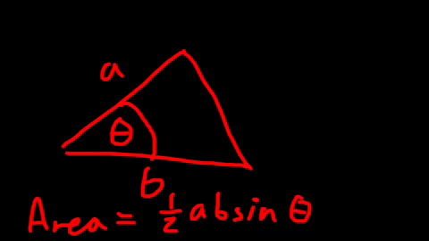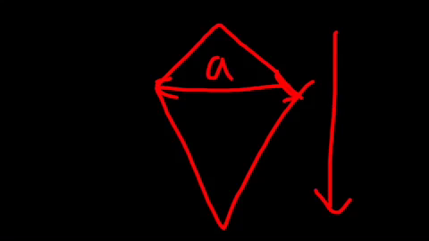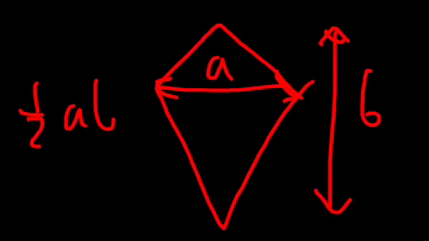And we also need to know the kite formula. You need to remember these formulas. You don't get them in the exam. It's not like AS when they give you a formula sheet. So this length here is called A, and this length here is called A, and this length here is called B. And the formula for this is 1/2 AB.